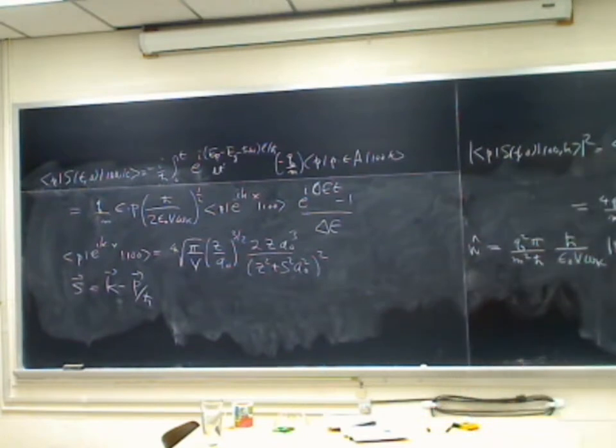And then finally, this delta of delta E, which you remember is E_p minus E_g minus h bar omega_k.